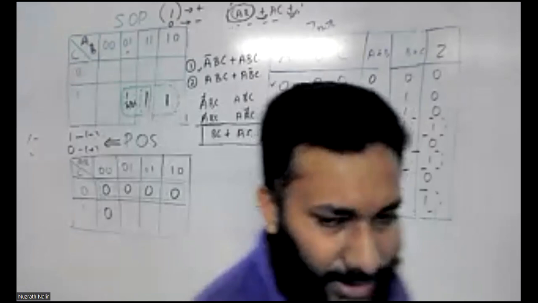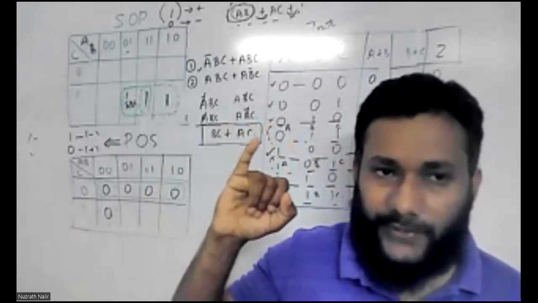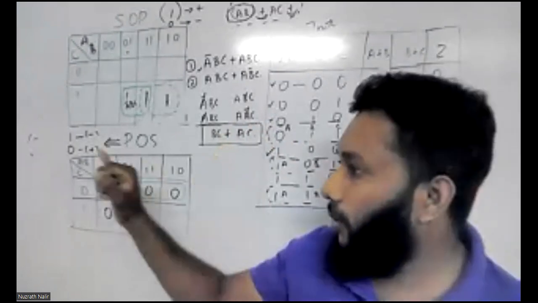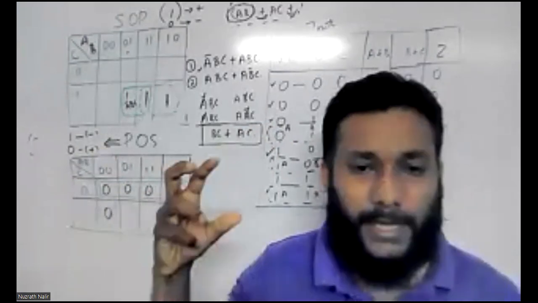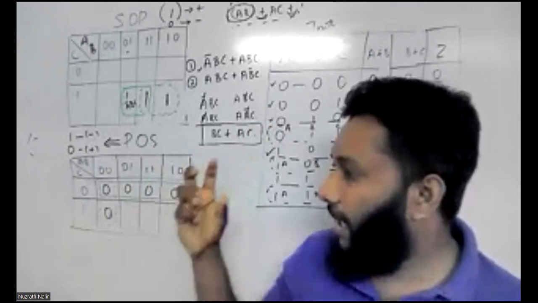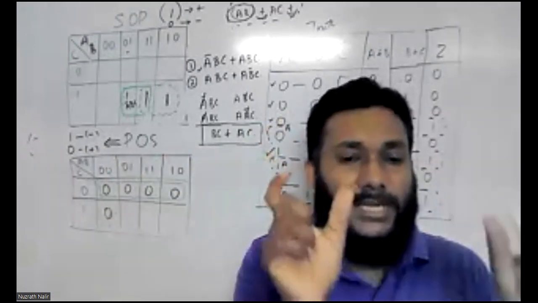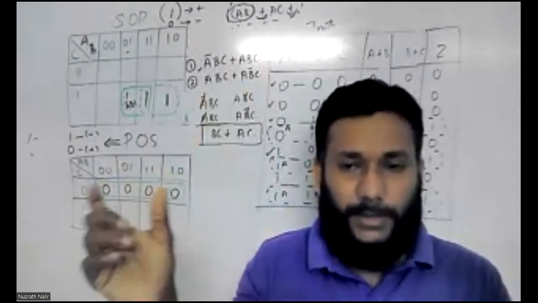Two concepts are there. Number one, in the POS, you should consider the combinations. How to write the combinations? Product of sum. So the product of sum means you are multiplying the summation groups. Clear? Number two, in here we are taking the zeros as the positive.